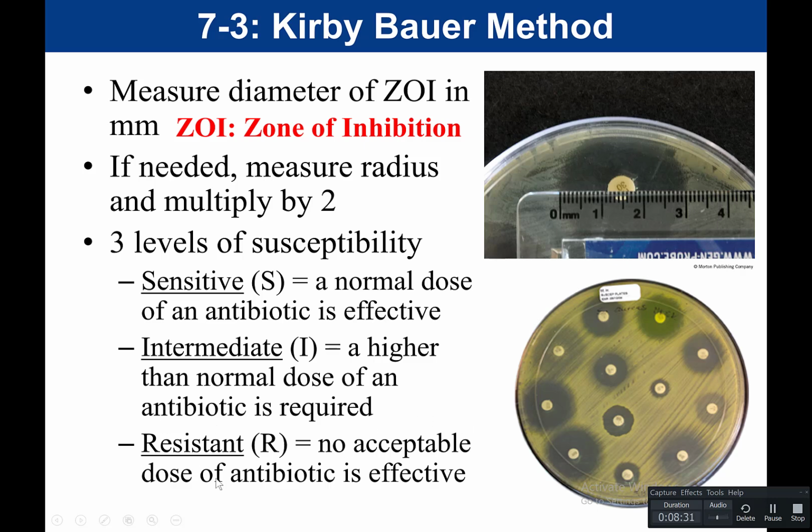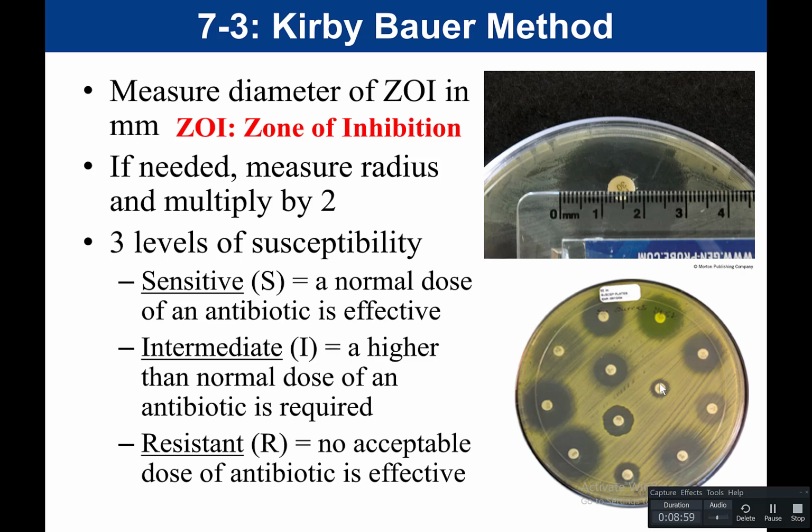If we say that bacteria are resistant, so we'll go down to resistant first. If we say that the bacteria is resistant to the antibiotic, what that means is no acceptable dose of the antibiotic would be effective. So in some cases, you'll see in our examples that the bacteria might grow right up next to that disc, meaning that the antibiotic has no effectiveness.